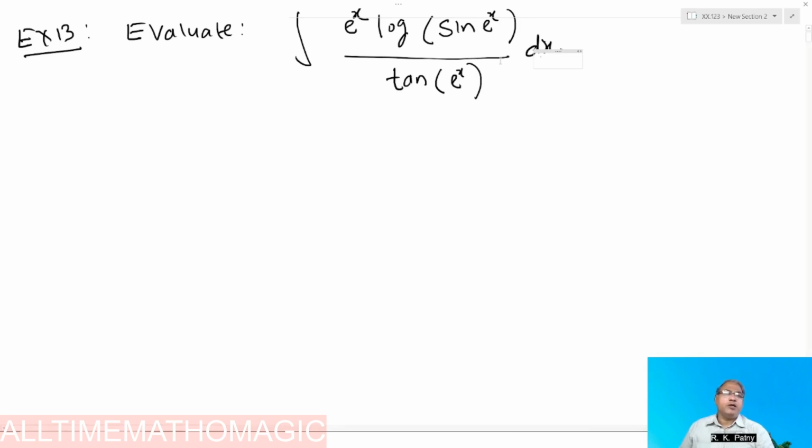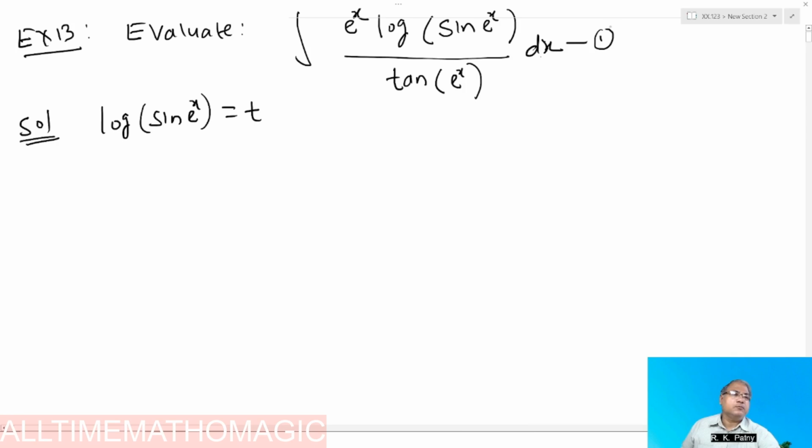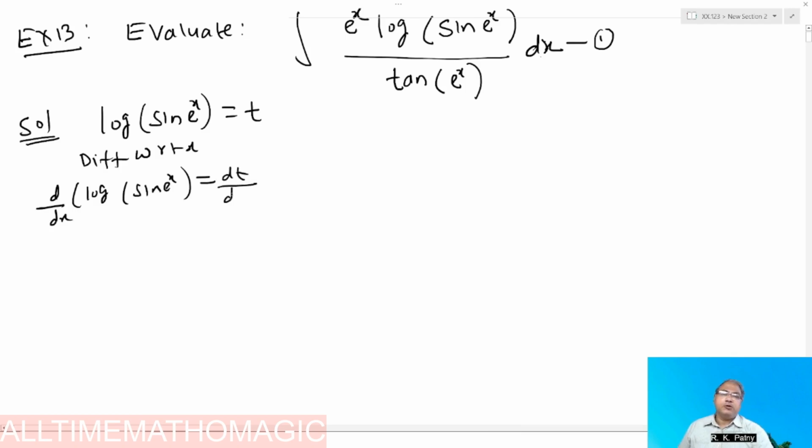Evaluate integration of e raised to x log sin e raised to x upon tan of e raised to x dx. Solution. Of course, here we are going to put log of sin e raised to x equals t. What is the reason? Because it will give us the denominator. So now differentiating with respect to x. The differentiation of log of sin e raised to x with respect to x equals dt by dx.